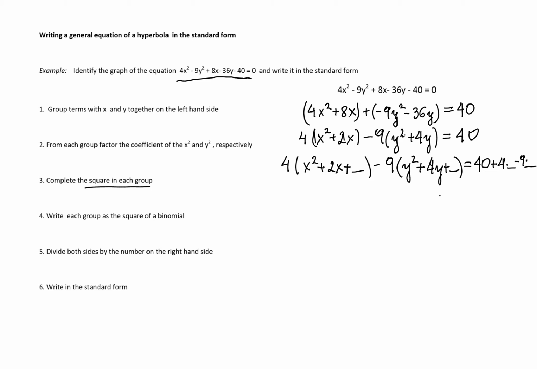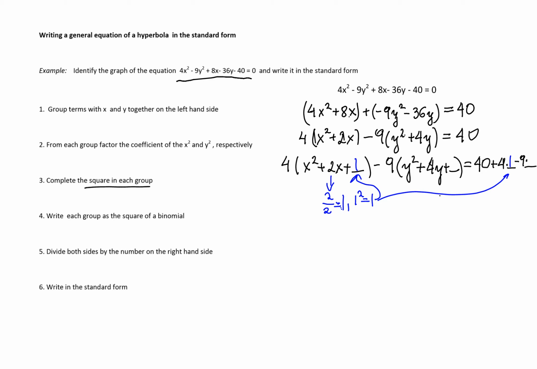The process of completing the square is to take the coefficient of x, for example in the first group, divide by 2, and we obtain 1. Now square that 1 and enter the answer in the place in the group, but also on the other side.